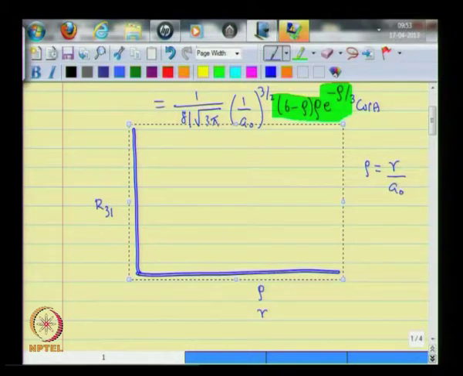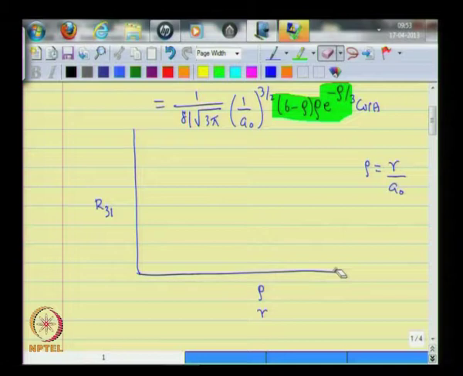Now, you see, something has happened; I pressed somewhere. Let me draw this again. So the plot would look like this. It starts at 0, increases, and eventually when rho is equal to 6, the function, as you can see, will become 0.